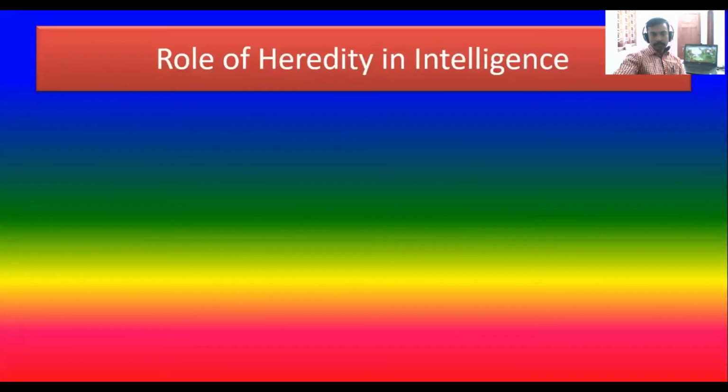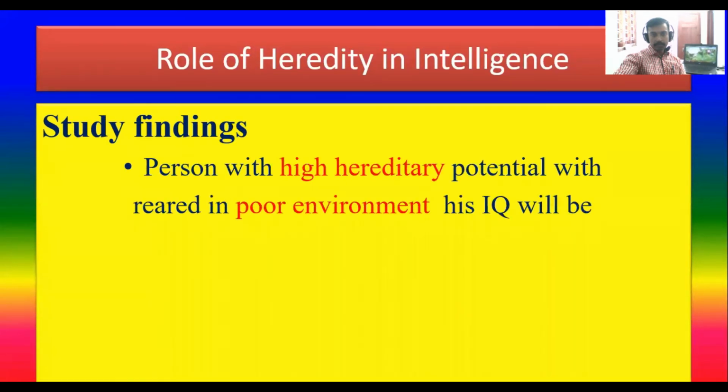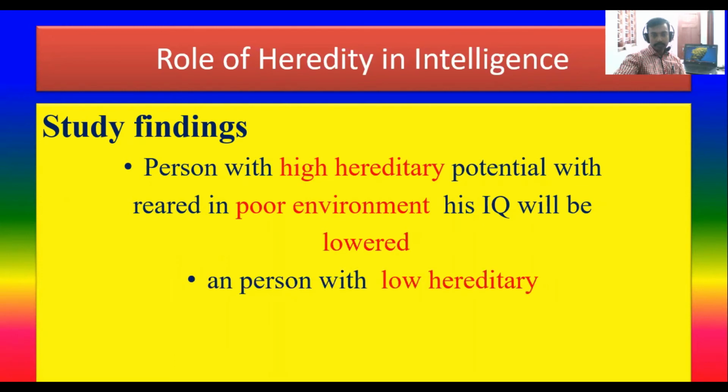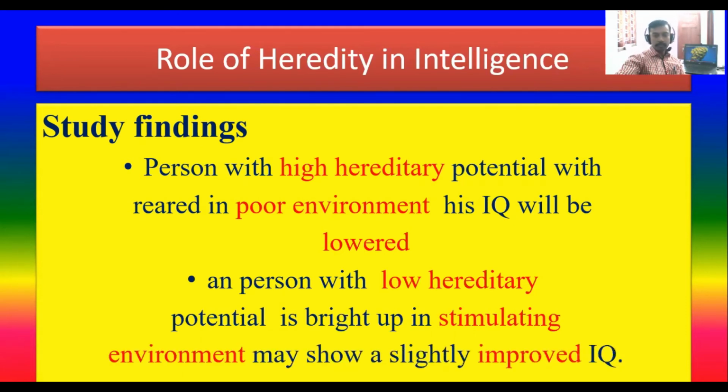Role of heredity in environment. Study findings: a person with high heredity potential who is raised in a poor environment will have a lowered IQ. A person with low heredity potential who is brought up in a stimulating environment will have a slightly improved IQ.